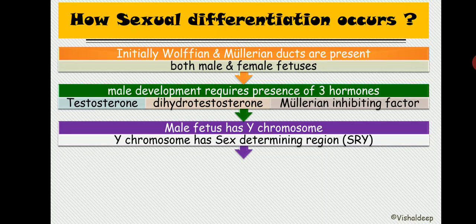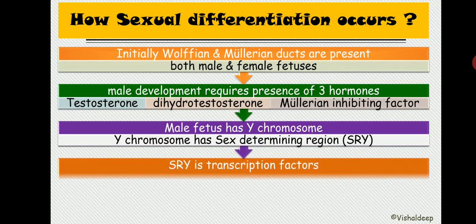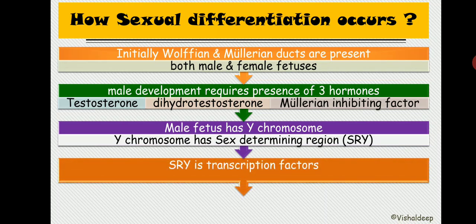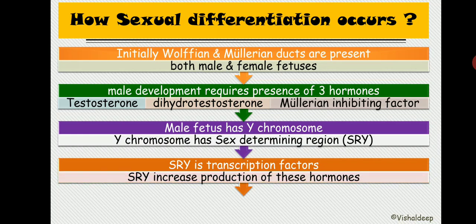The Y chromosome has a sex determining region, that is SRY. Now what is this SRY? This sex determining region is actually a transcription factor. This transcription factor is basically responsible for increasing the production of the hormones that we mentioned, that is testosterone, dihydrotestosterone and Mullerian inhibiting factor.